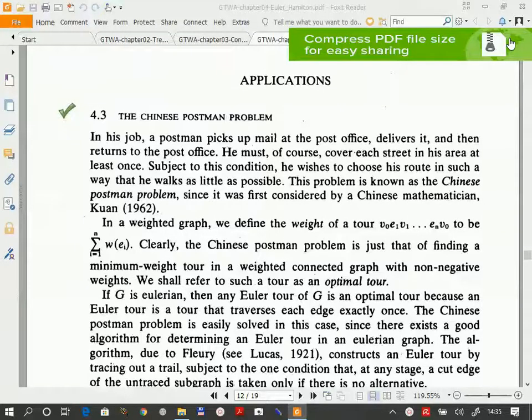Again, we have weights, meaning in this case lengths on each edge, and so you would like to minimize your journey. Okay. If the graph is Eulerian, however you do an Eulerian tour is all right. It will have the total sum, the sum of all lengths of all edges.